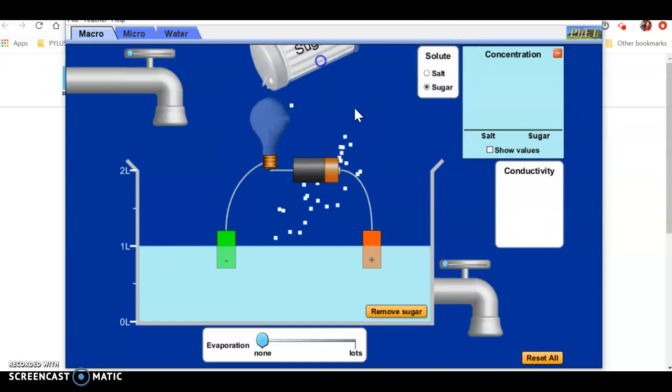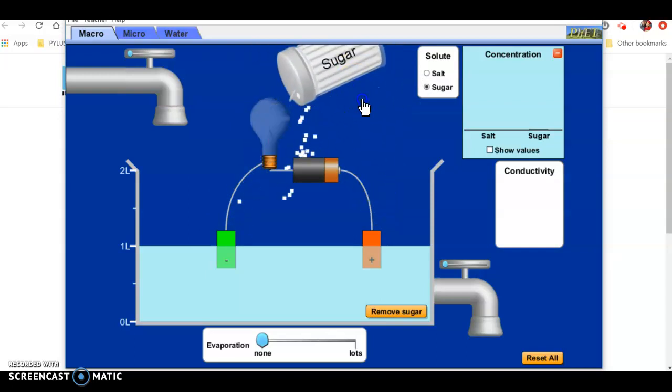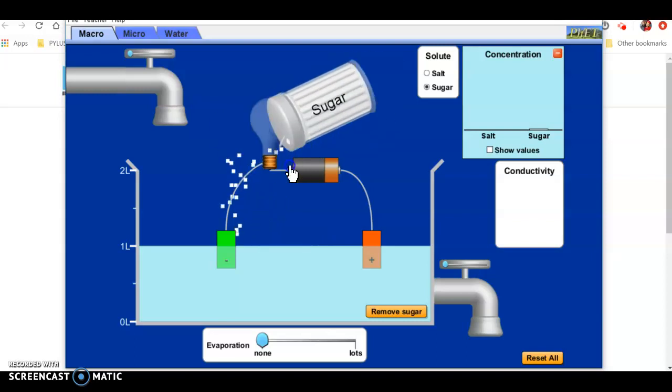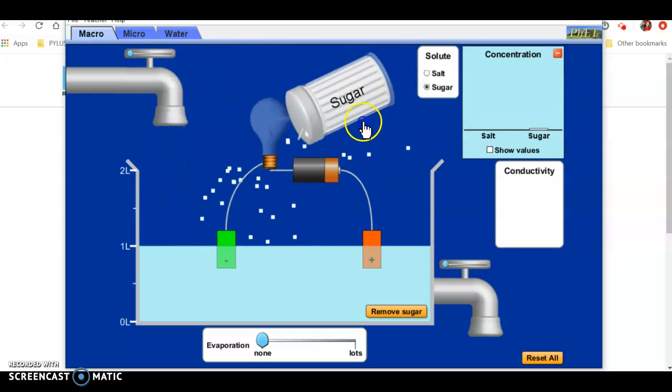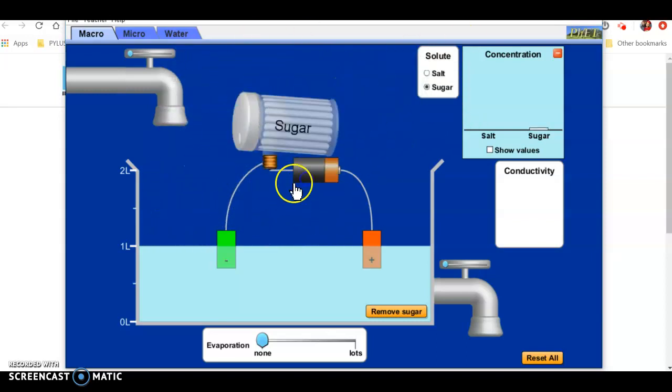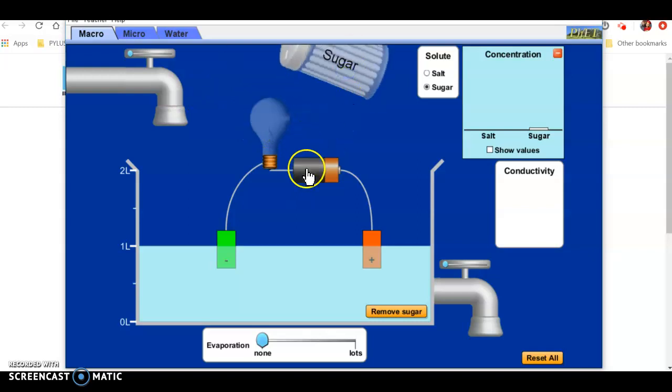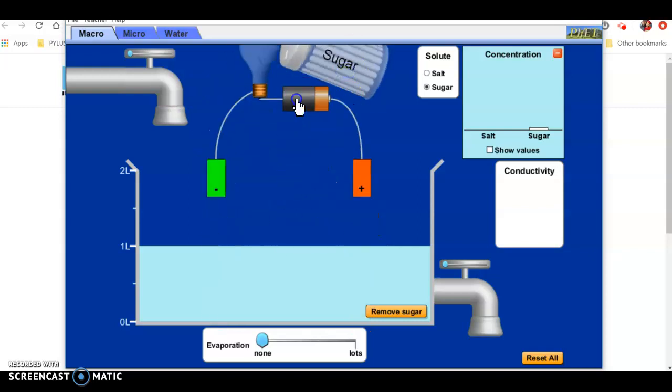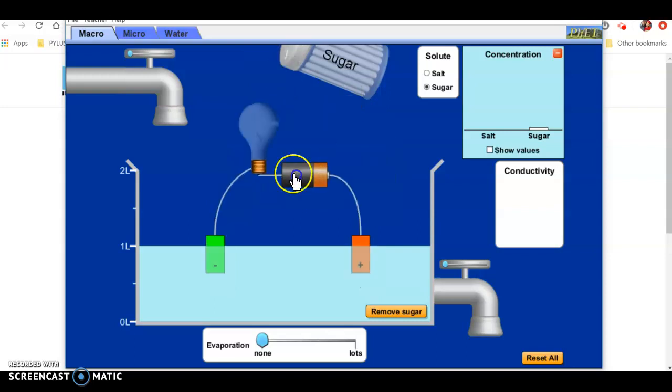Put some sugar in there. Observe the light bulb. Add some more. Maybe I just got to put it all in there. What's going on with the light bulb? This thing broken? Huh. Explain your observations.